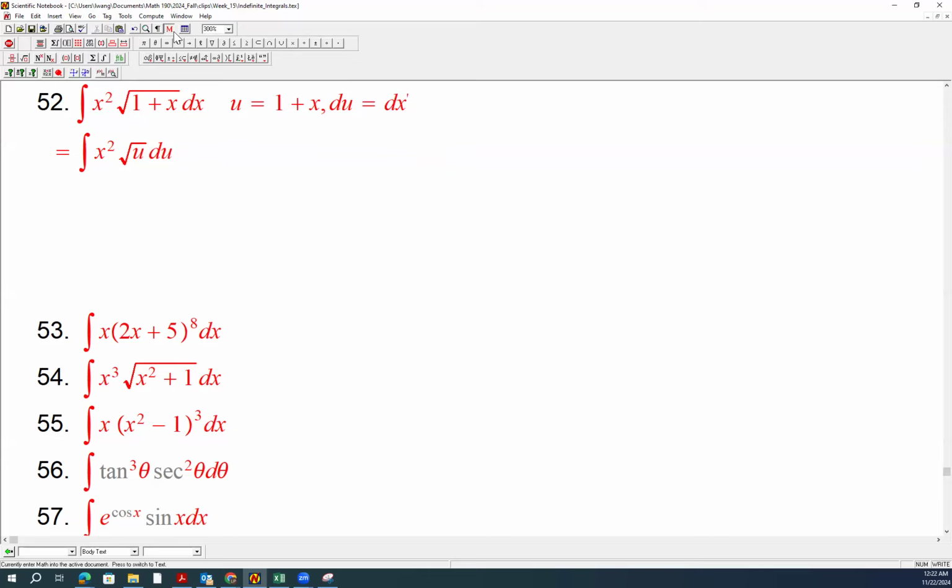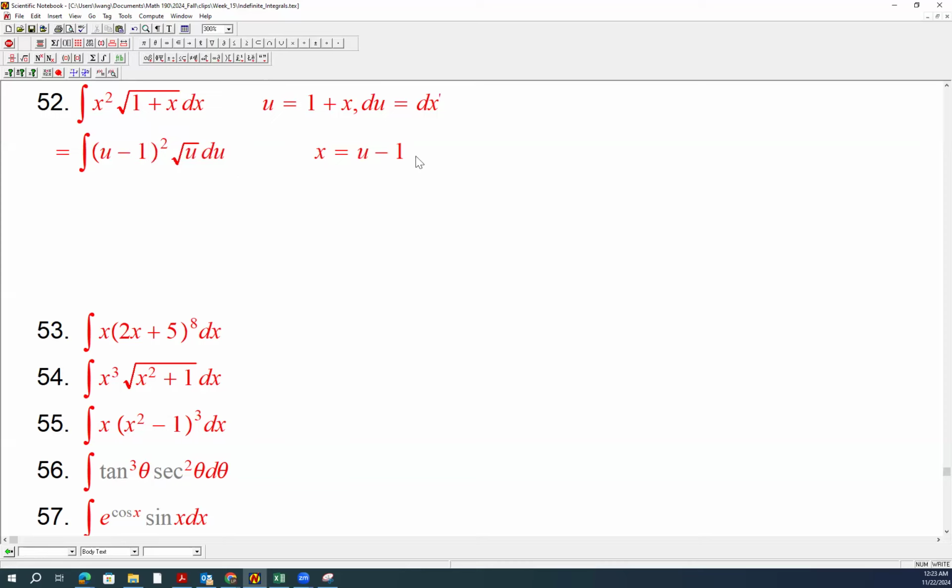Well, no fear, guys, no fear. From here, we know that x equals what? x equals u minus 1. If we recognize that, we just simply replace x by u minus 1.